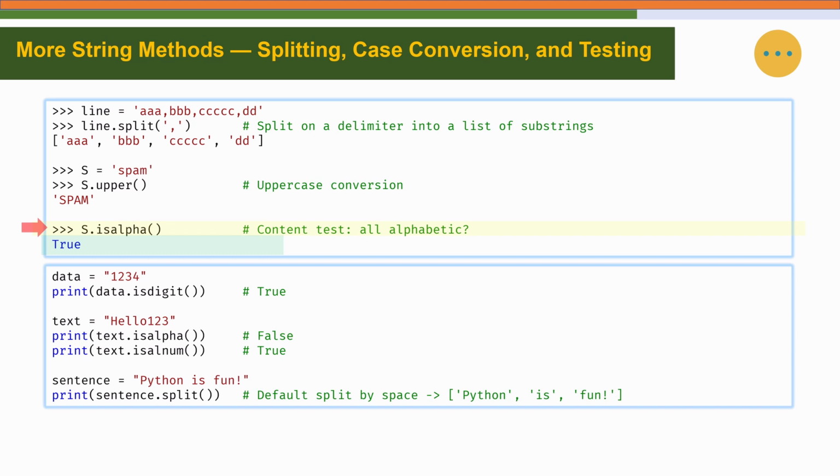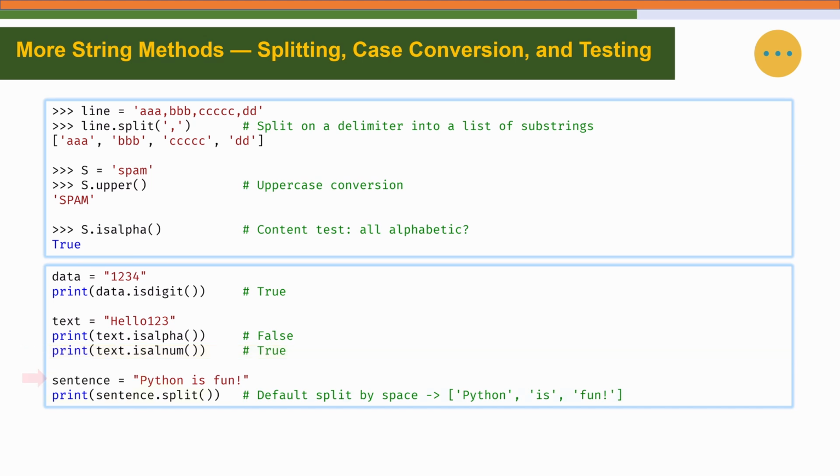If s contained digits or punctuation, for example, it would return false. These methods are extremely handy in input validation, for example, checking that the user has entered only letters in the name field or only digits in the phone number. Here isdigit confirms that all the characters are digits. isalpha returns false because it includes numbers, but text.isalnum returns true since it contains only letters and digits.